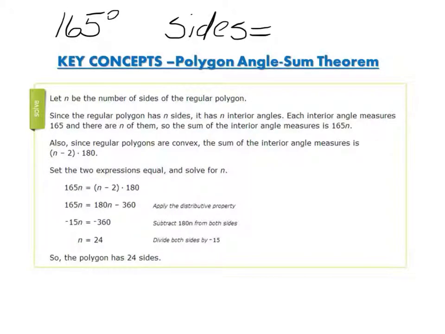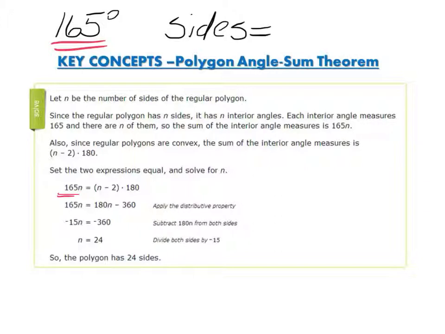Alright, say you have a polygon and each angle measures 165 degrees, and you need to know how many sides there are. So there's an algebraic equation that you can set up. You would start with making two equal sides.